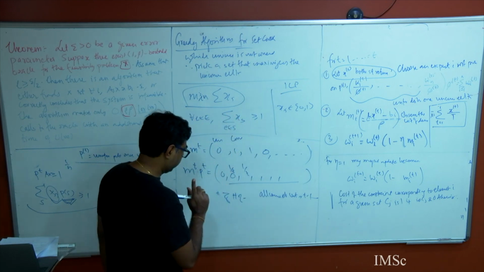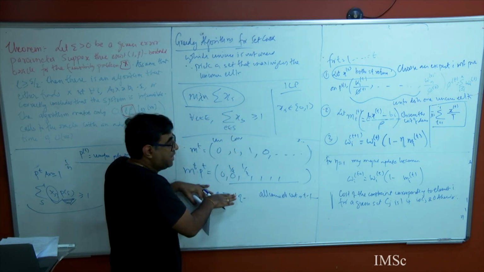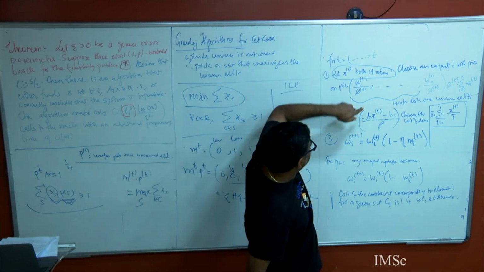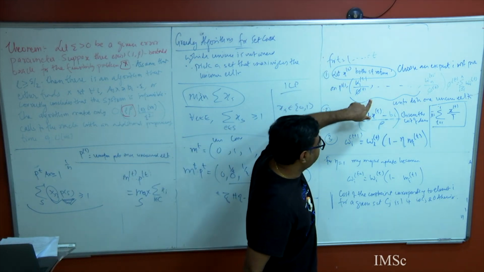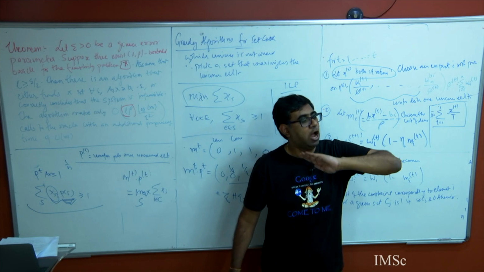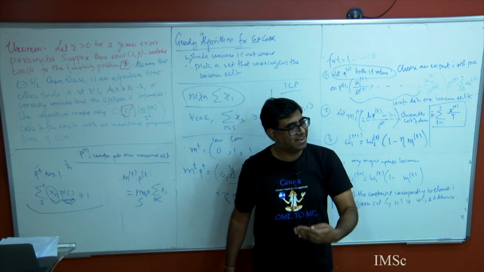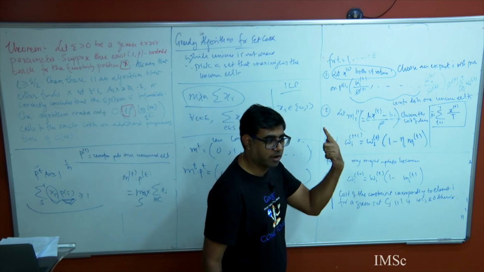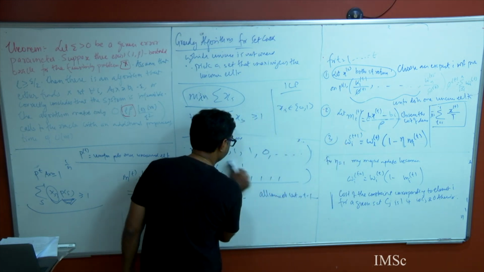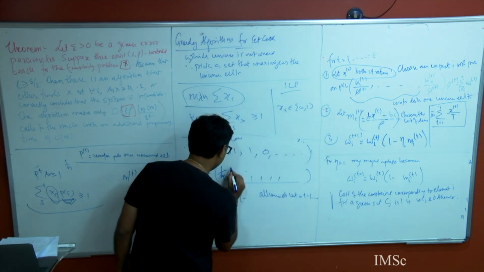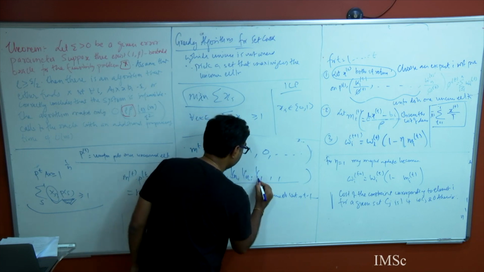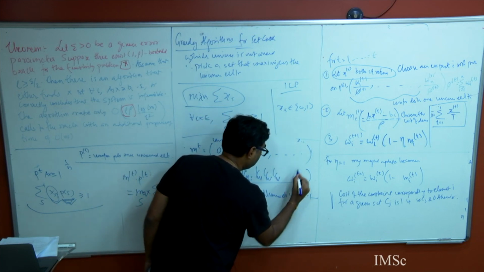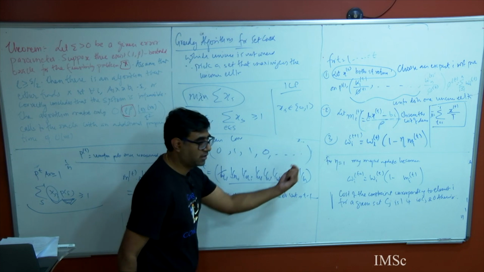Because see, what is the PT vector? PT vector is this. This is the distribution with respect to how many elements are covered up till round t minus 1. For example, look at round 1. Round 1. What is all this? 1 by n, 1 by n, 1 by n, 1 by n, 1 by n, 1 by n. But what is this vector?